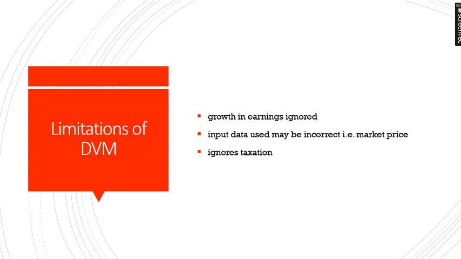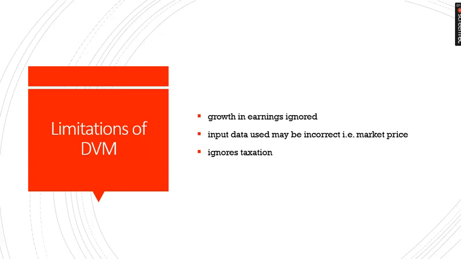So we don't focus on growth in profits, we focus on growth in dividends. Input data may be incorrect, i.e. market price. So you might use the wrong market price. And also it ignores taxation. Those are some of the limitations. So that's the rule on dividend valuation.